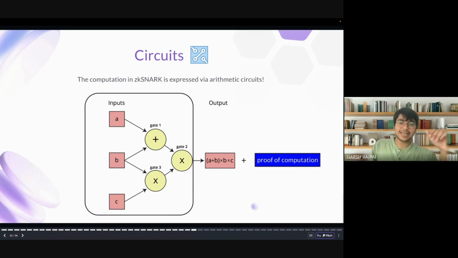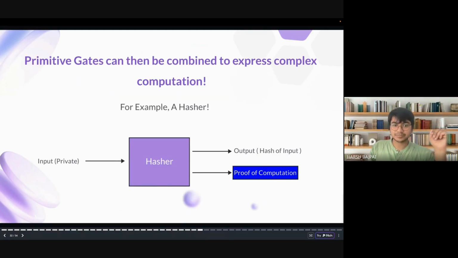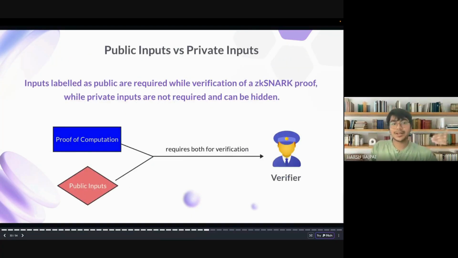So we use arithmetic circuits here, and you can create any sort of computation you want out of these formats. You can create hashing, where you could prove knowledge of the pre-image of some hash to someone without showing the pre-image itself.